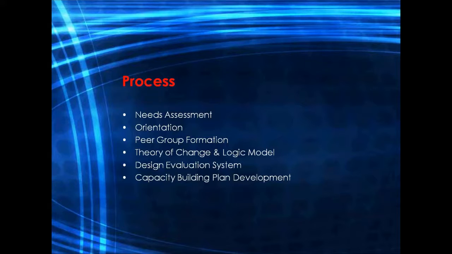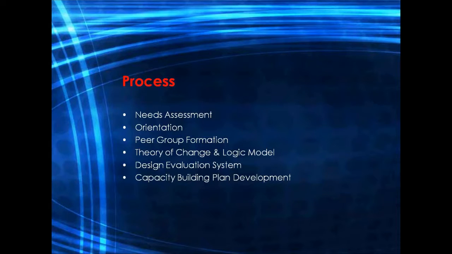Next, the nonprofit agency would form peer groups. The peer groups would develop a theory of change and develop a logic model. We've covered the logic model extensively, but the gist of it is assessing what inputs are needed to achieve particular outputs.